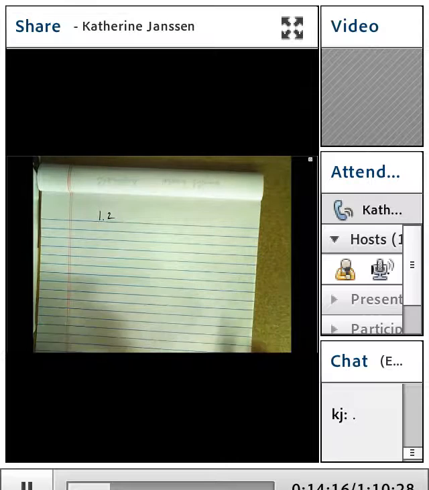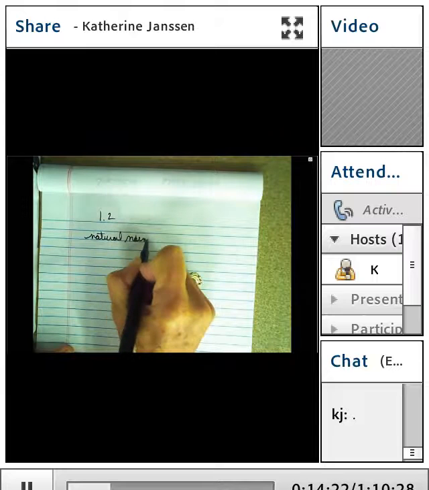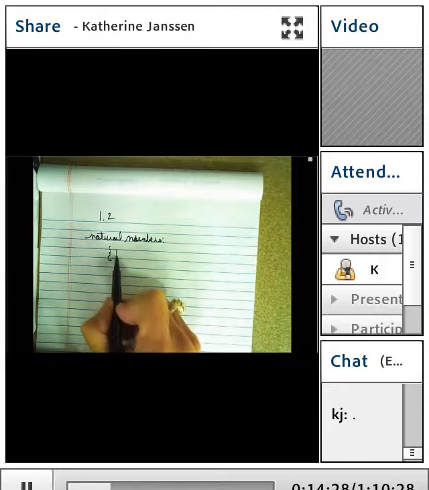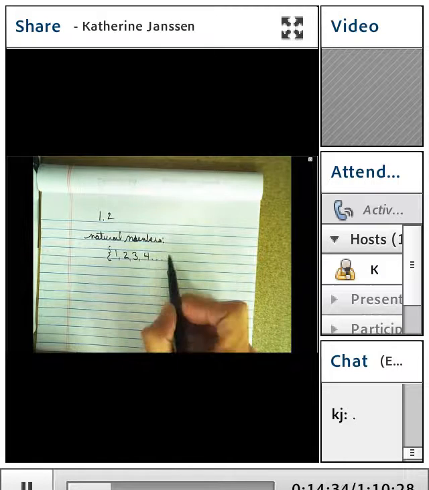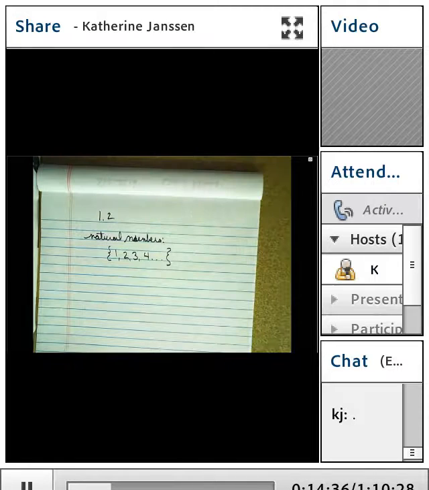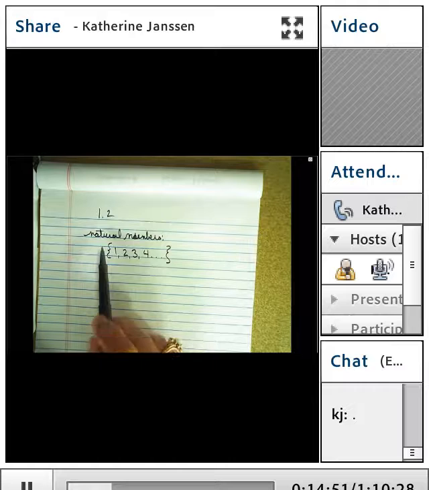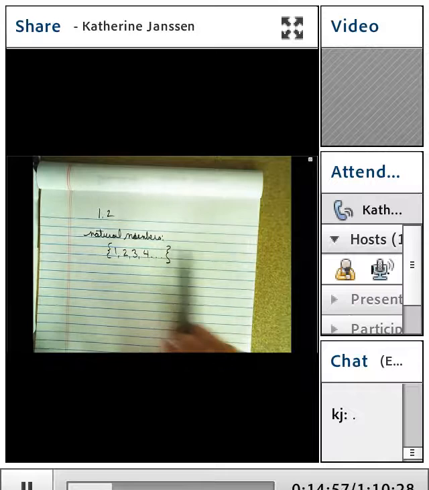The set of natural numbers is the set 1, 2, 3, 4, and we continue with that sequence. It's our counting numbers. We first develop to count our points, to count our numbers. So the natural numbers are 1, 2, 3, 4, 5, 6, 7, 8, and it continues infinitely.